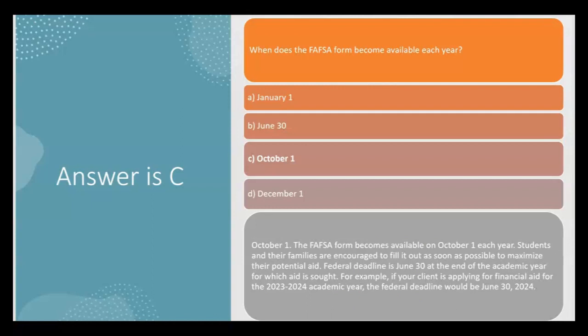The federal deadline is June 30th at the end of the academic year for which aid is sought. For example, if your client's applying for financial aid for the 2023-2024 year, the federal deadline would be June 30th, 2024. So this question asked, when does the form become available each year? And the answer is C, October 1st.